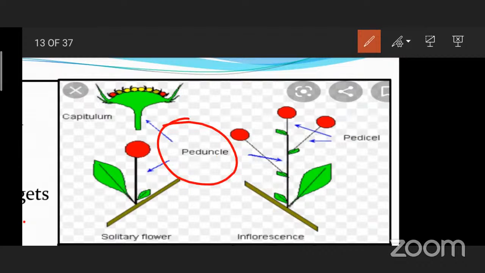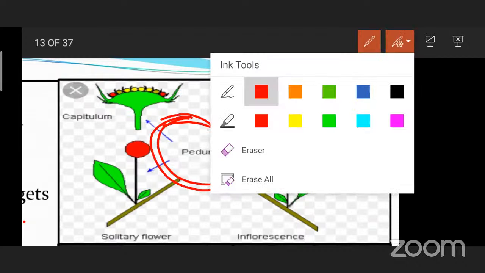In the absence of a pedicel, the flowers are described as sessile. The stem or branch from the main stem of the inflorescence that holds a group of pedicels is known as the peduncle.